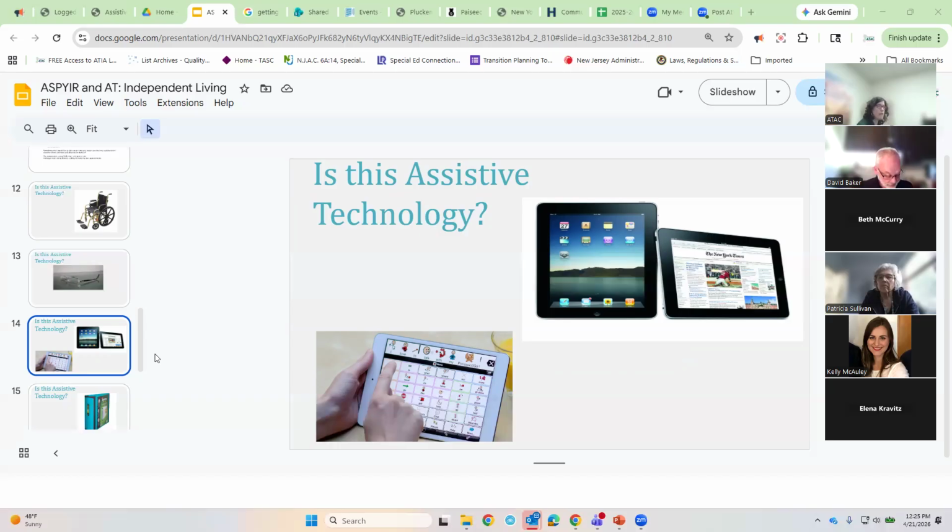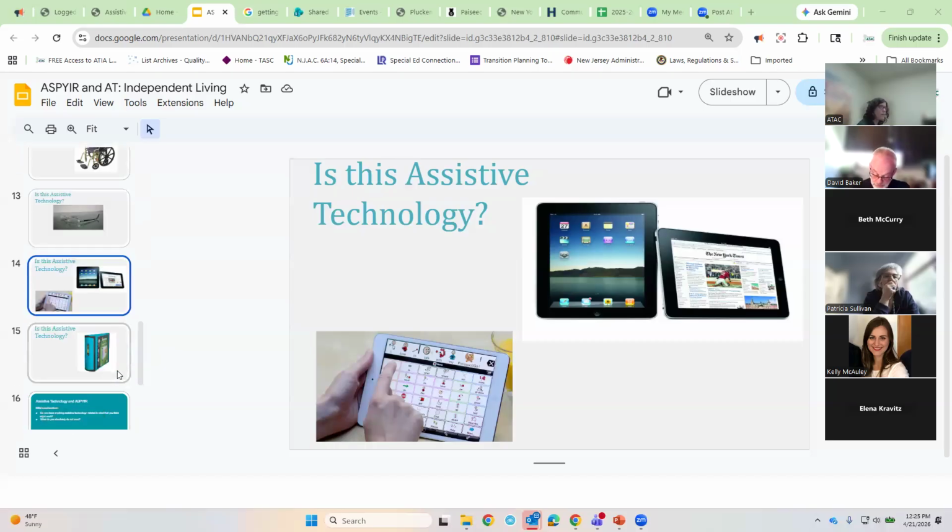The tablet being used as a communication device is showing you how an ordinary piece of technology that, again, is available to everyone becomes assistive technology to access information and show people what you're thinking, what you're feeling, and what you need.